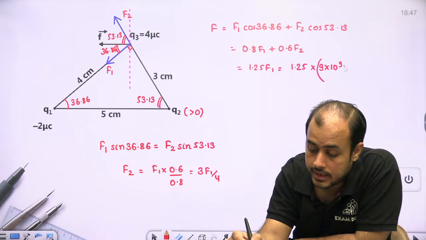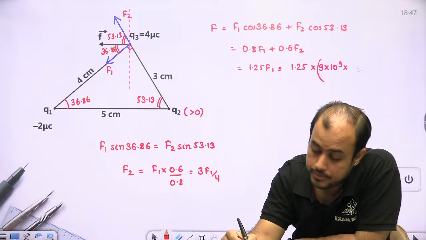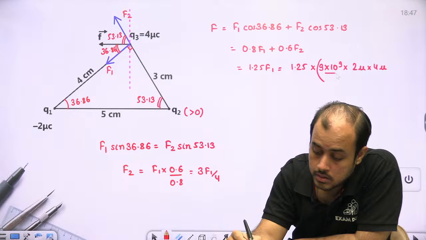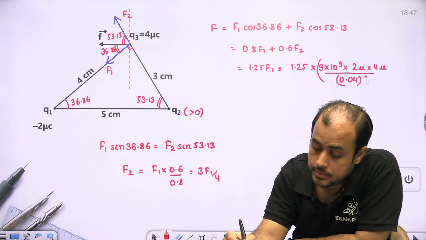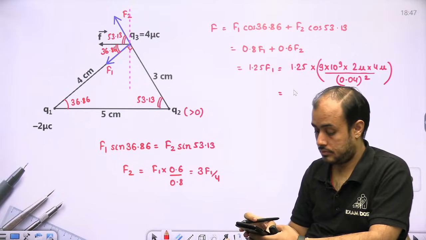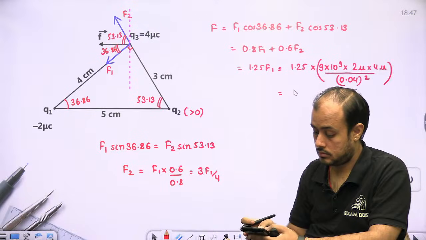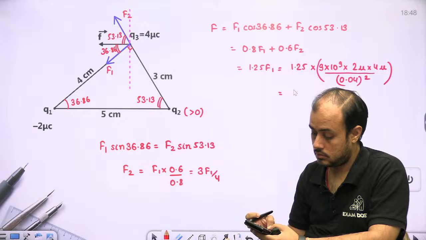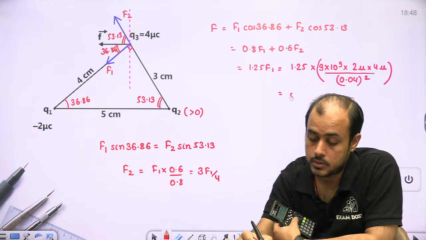Now F1, I am writing 9 into 10 to the power 9. Distance is 4 centimeter.